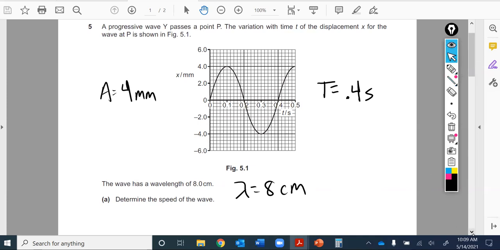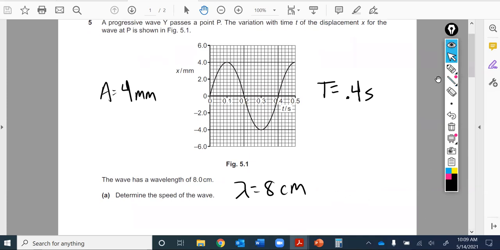So the velocity of a wave is going to be distance divided by time, like it is with anything. And we've got the time and we've got the distance, right? The wavelength of the wave is its distance. And it takes this much time for that distance to propagate. So we've got 8 times 10 to the -2 meters, right? 8 centimeters divided by 0.4 seconds.